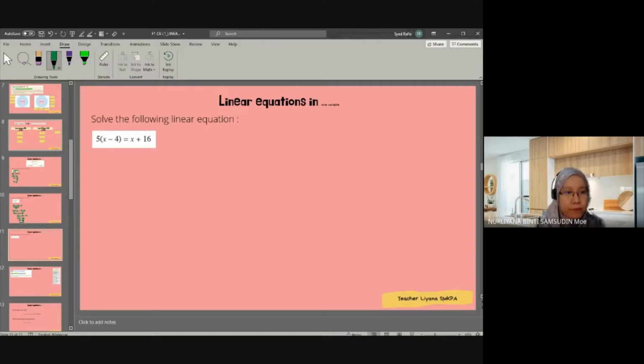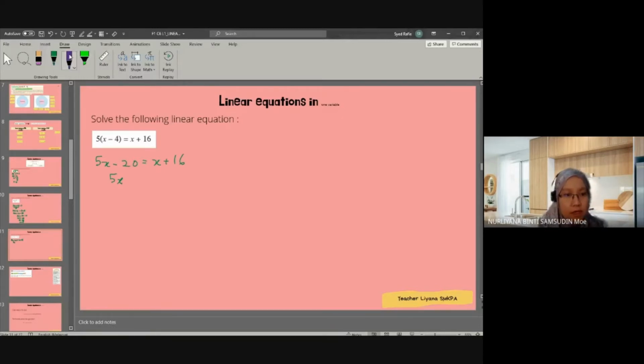Okay, next one. You have a question like this. You have a bracket here. So don't panic, just expand the bracket first. So 5 times x is 5x minus 5 times 4 is 20 equals x plus 16. So now you gather x with x, numbers with numbers. So what do you have here? 5x.